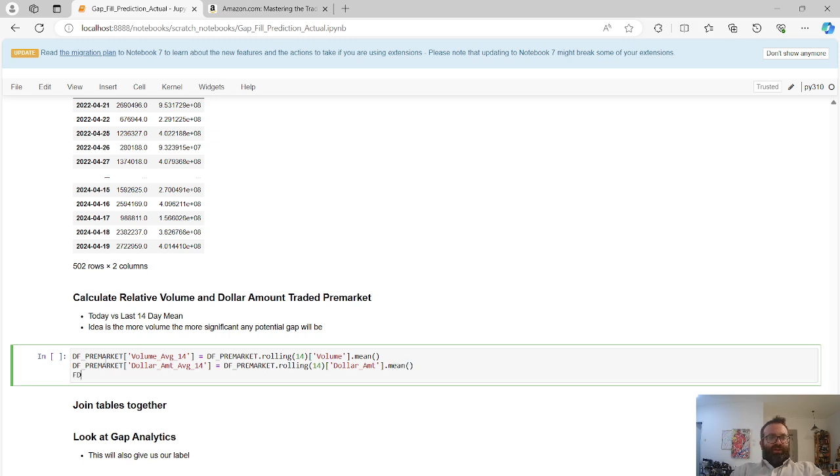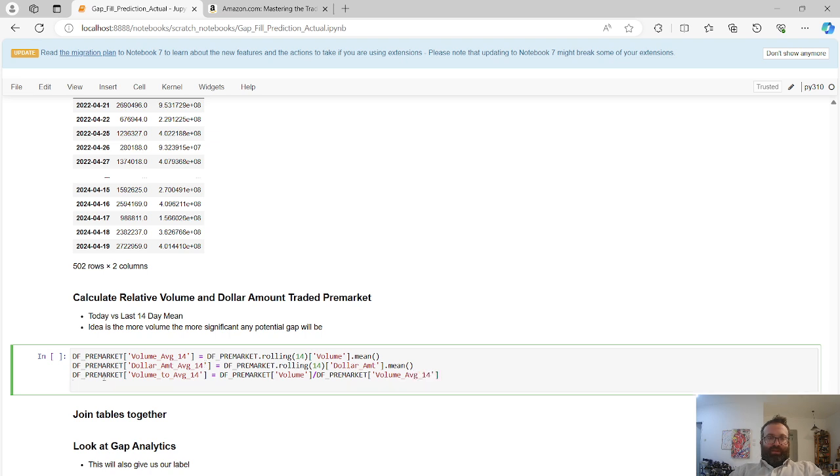And then we'll do df pre-market volume to average 14. This will be the volume of today's pre-market relative to the 14-day moving average. So I'll do df pre-market volume over df pre-market volume average 14.